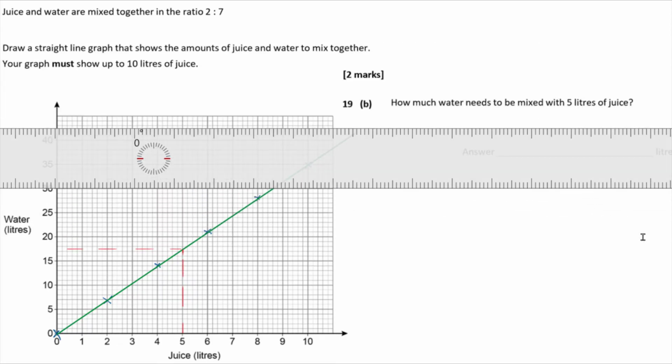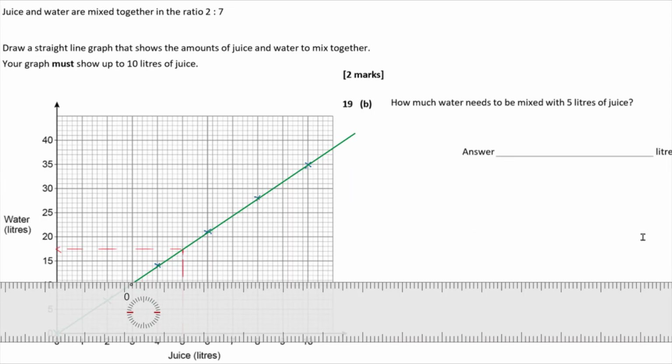So that looks to me like it hits halfway between 15 and 20. So I'm going to say that's like 17.5. So that is 17.5 litres.